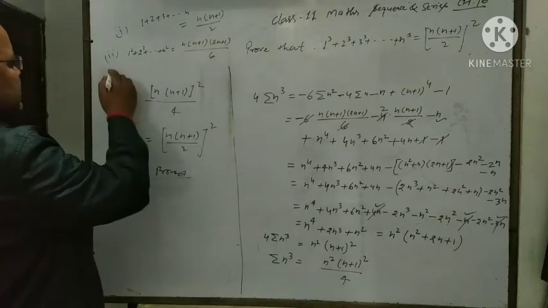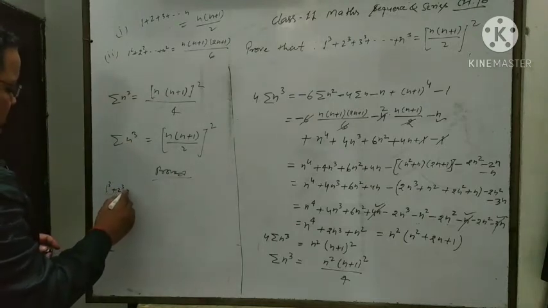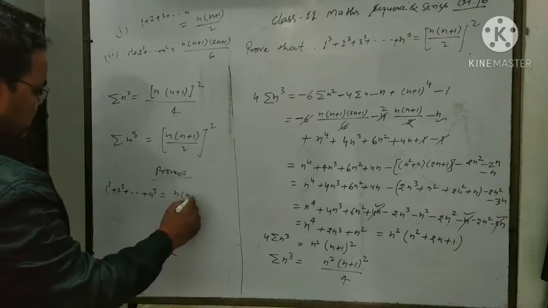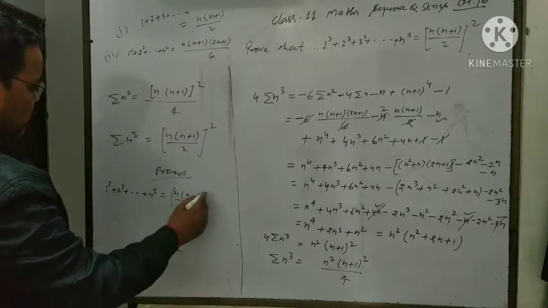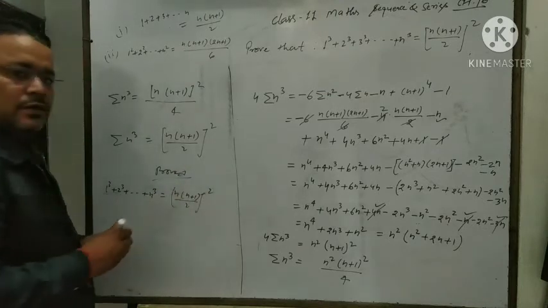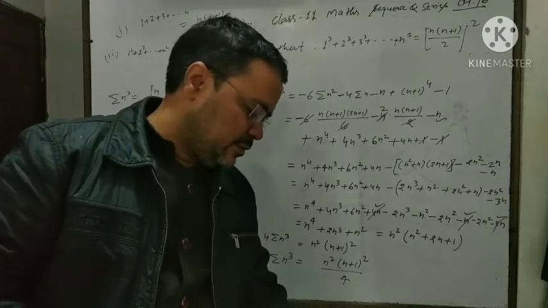And finally we discussed that 1 cube plus 2 cube plus up to n cube is equal to n into n plus 1 by 2 whole cube. Sorry, whole square. Okay. Let us see some questions from exercise 10.9.